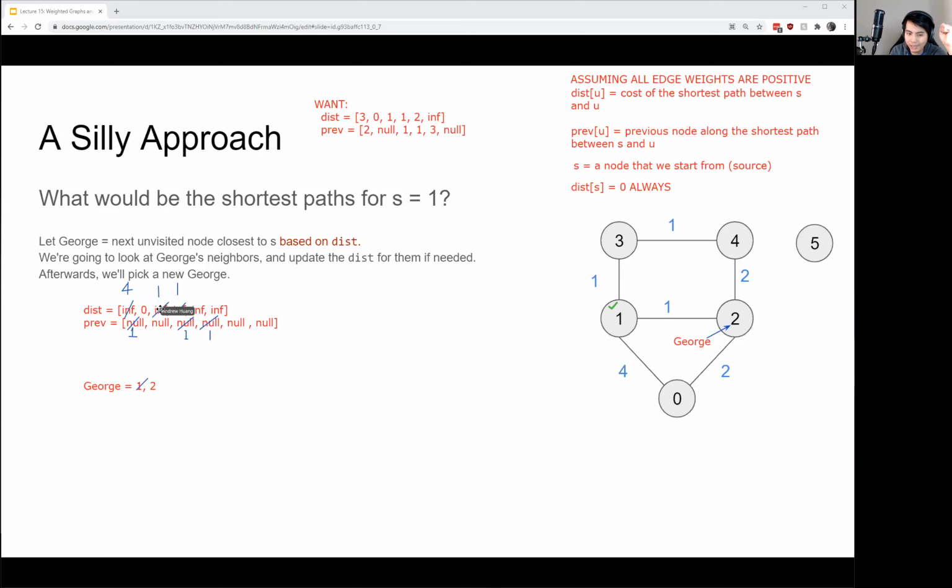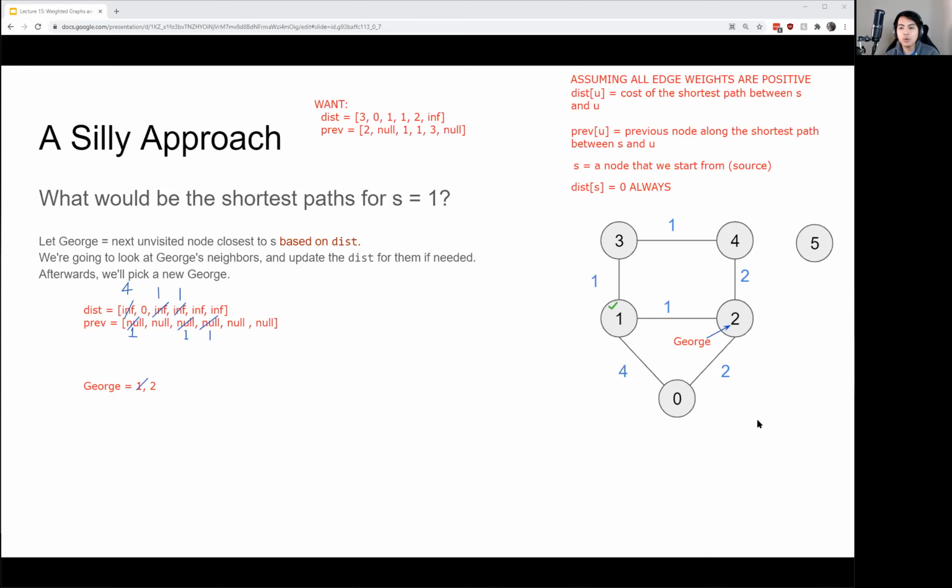It takes us 1 to get to node 2. It takes us 1 to get to node 3. It takes us infinity to get to node 4, and it takes us infinity to go to node 5, which means that the cheapest nodes that we could visit next that we haven't visited already, the cheapest Georges we could have next is node 2 and node 3. Between node 2 and node 3, node 2 has a smaller label, so we're going to pick node 2.